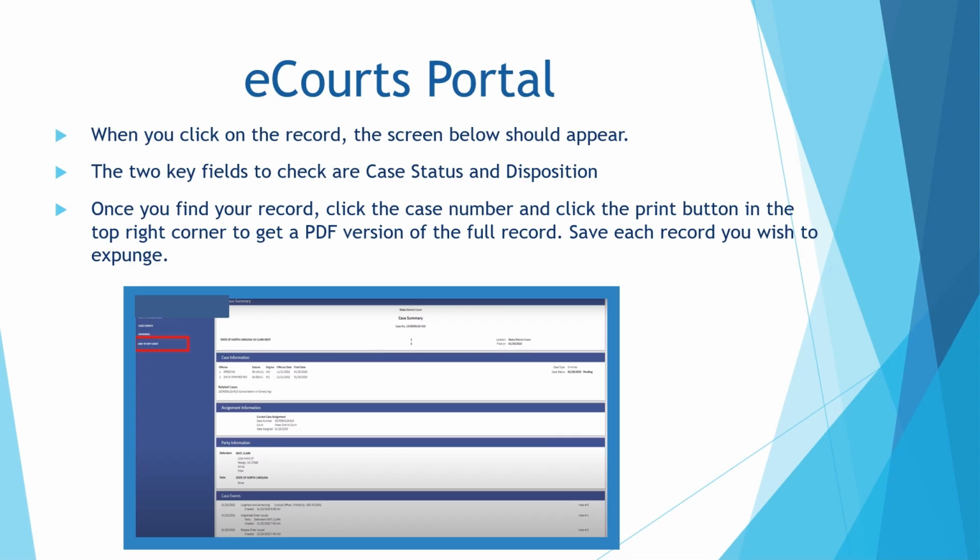Save all of the records that you want to get expunged as a PDF. Then you don't have to try and find them again. Just save them somewhere on your computer and you can look at the record as a whole. That will help once you start filling out the petition and you need to see which things you need to write in your petition.